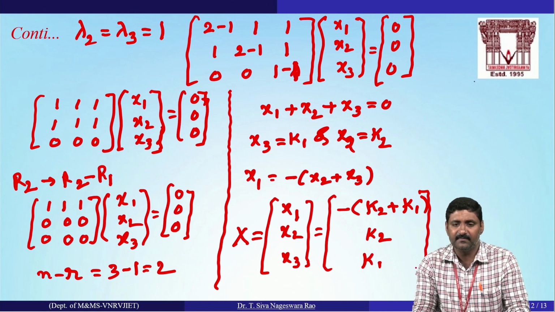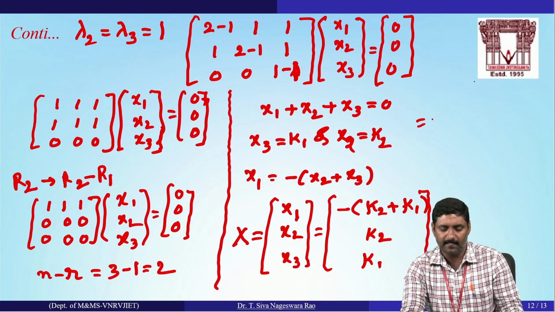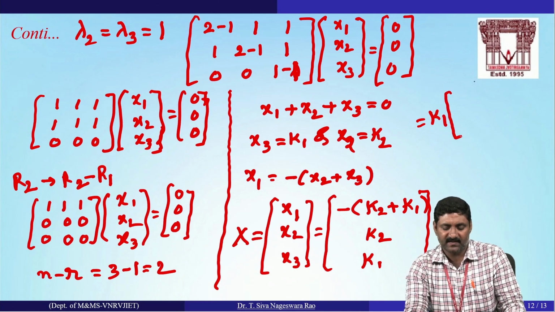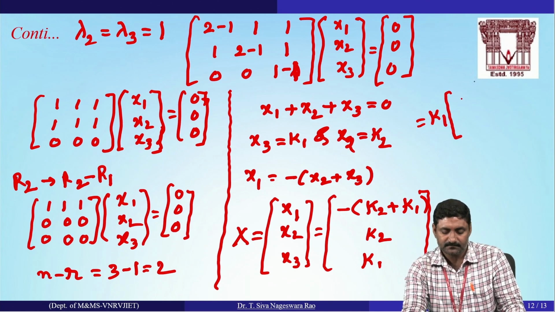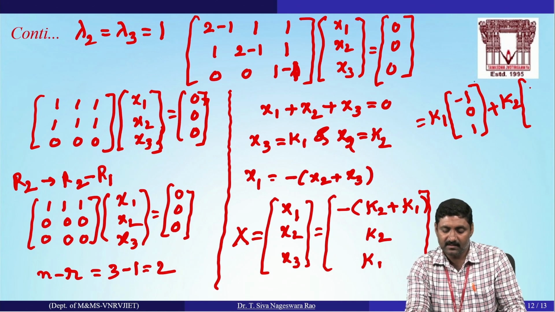Now I will write this as a sum of two vectors: k1 multiplied by minus 1, 0, 1 plus k2 multiplied by minus 1, 1, 0.